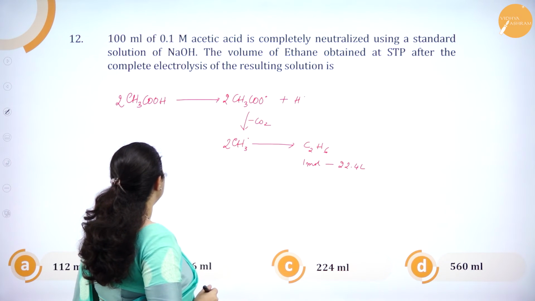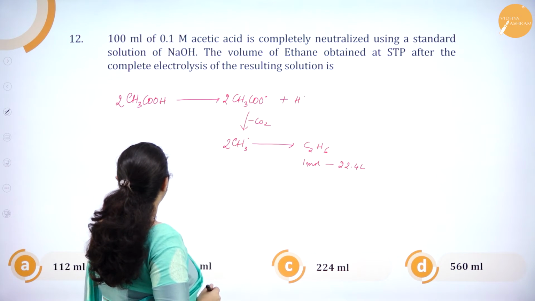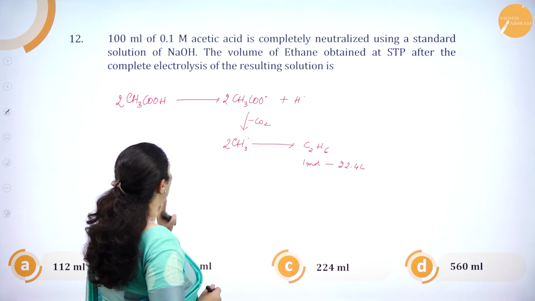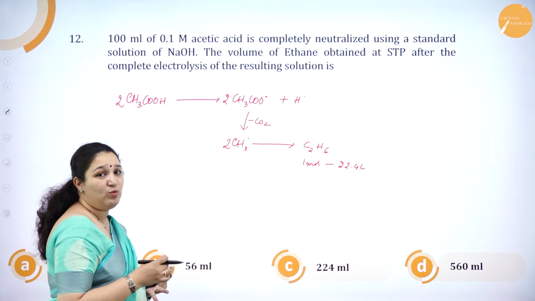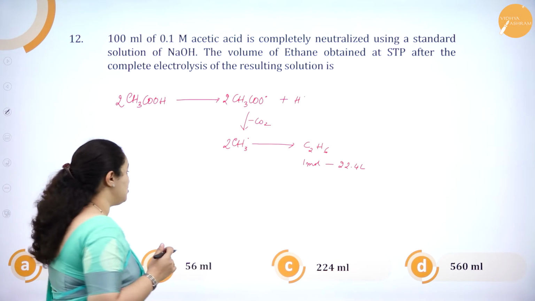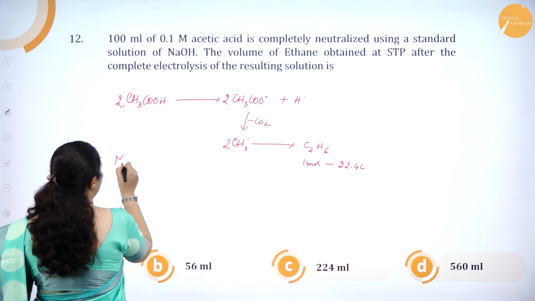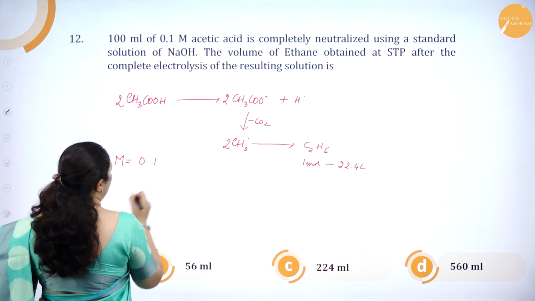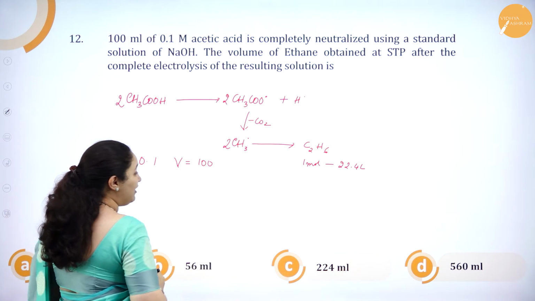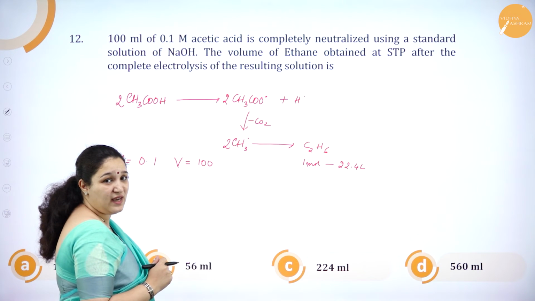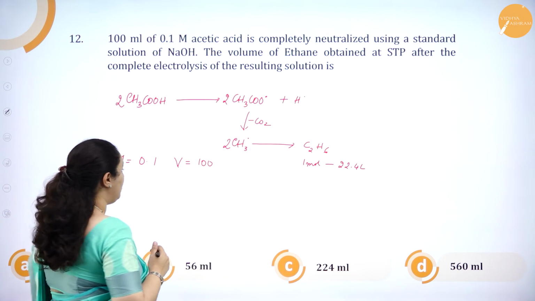So now I have 100 ml of 0.1 molar acetic acid. So what I know is molarity is 0.1, volume is 100 ml. Correct? So can I find the number of moles of acetic acid which is there? I can find out.